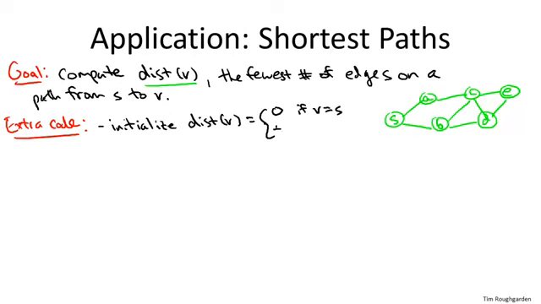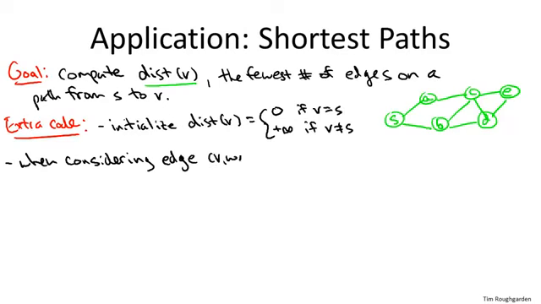And the only other extra code you have to add is when you take a vertex off of the front of the queue and then you iterate through its edges and you're considering one of those edges VW. Here V would be the vertex that you just removed from the front of the queue. And as usual, if the other end of the edge W has already been dealt with, then you just throw it out. That would be redundant work to look at it again.